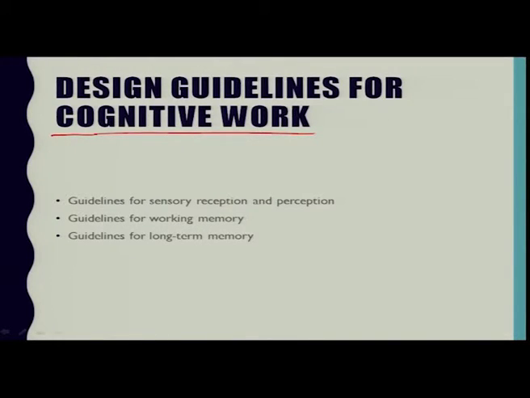These design guidelines and principles we will discuss first for sensory reception and perception, then the guidelines for working memory, and then guidelines for long term memory. In this lecture we will try to complete sensory reception and perception, and if time permits we will go on to working memory, otherwise we will cover it in the next lecture.